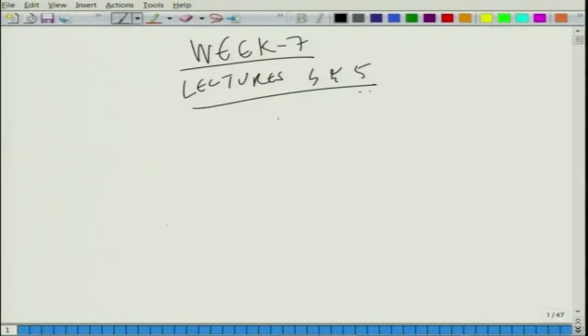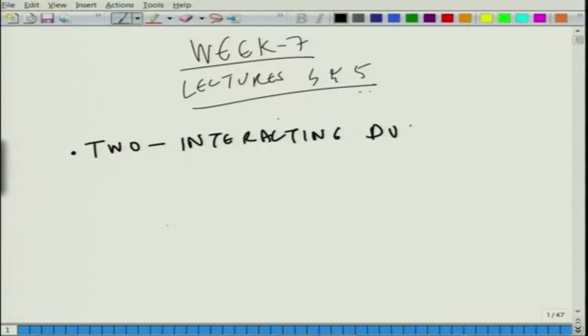Well, to begin with, let me write down the objective of this class: two interacting duct systems, with different configurations that are possible.